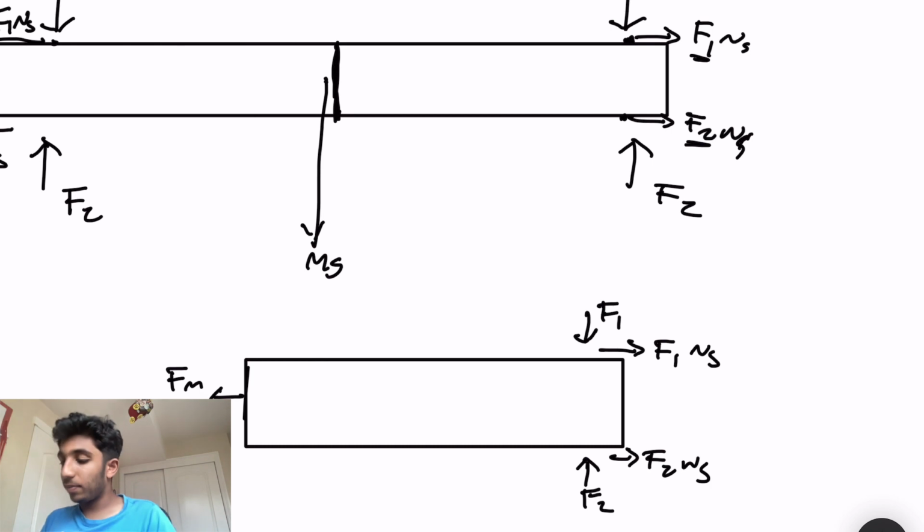And Fm, or F max, is the maximum force that the joints or the bonds or whatever you want to call it between the right rod and the left rod can take. Because of the way the wood is made, there are forces that keep the left side of the rod and the right side of the rod together. Otherwise, the left side and the right side would just fall apart.